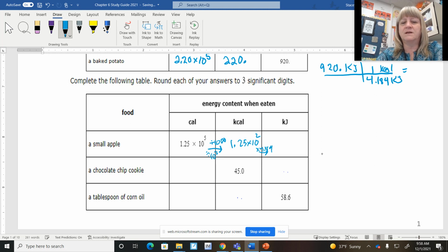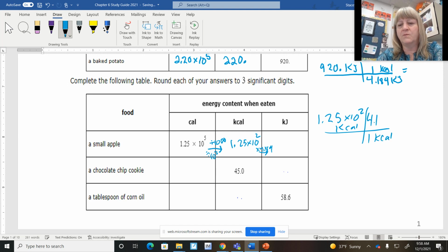So again, if I set it up over here, 1.25 times 10 to the second kilocalories, 1 kilocalorie, 4.184 kilojoules. So I'm just going to plug that in my calculator, 1.25 times 10 to the second times 4.184.